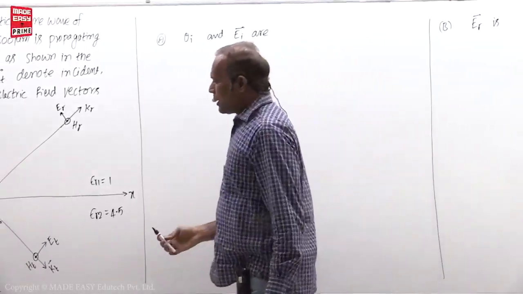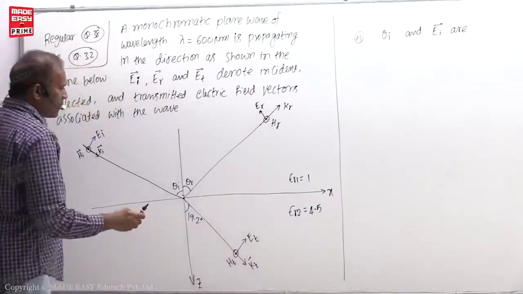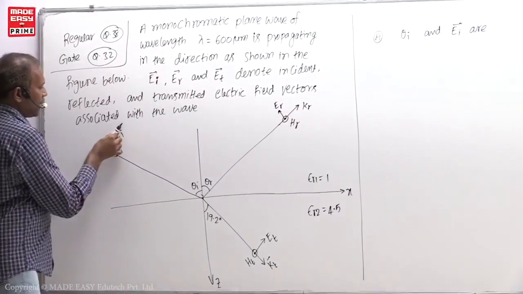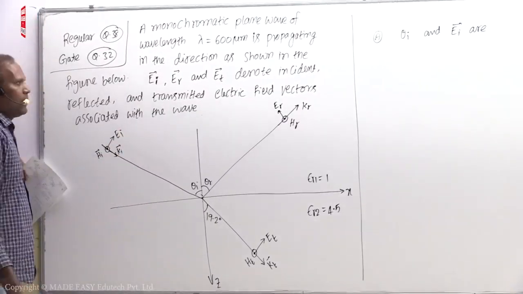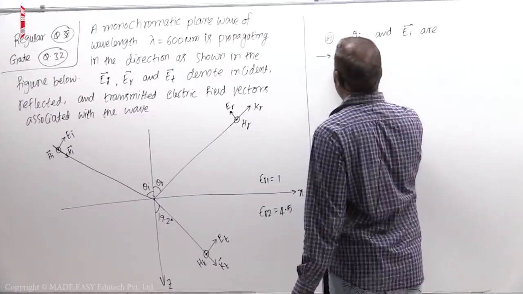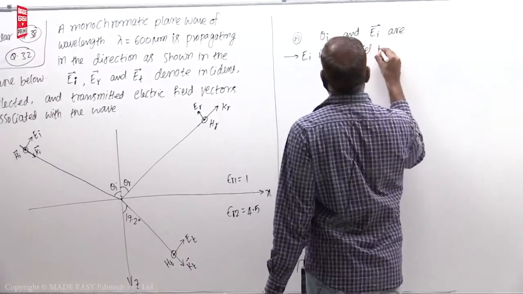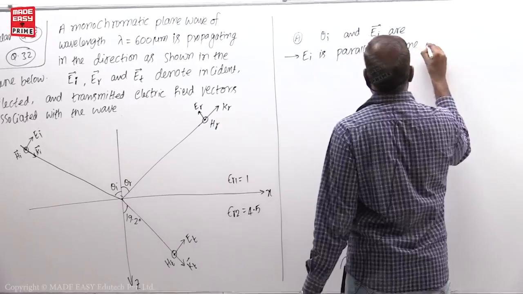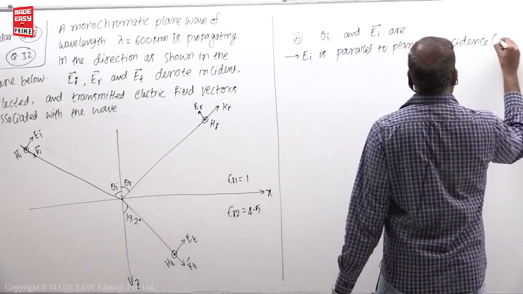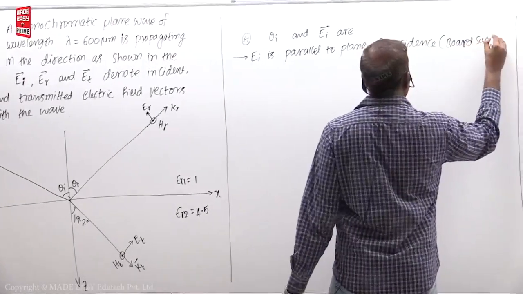Now let us see the polarization. Here you can see that this is the plane of incidence. This electric field is parallel to the plane of incidence, so this is parallel polarization. Here E_I is parallel to the plane of incidence, that is the board surface.